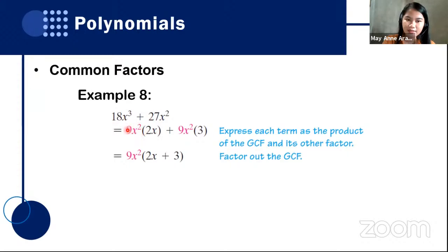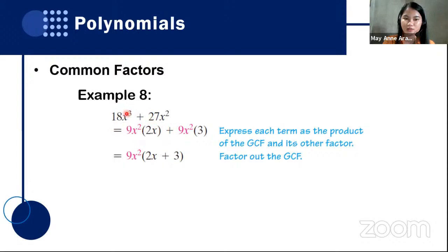Okay, what will happen? So, i-divide nyo lang yung sa common. So, 18 divided by 9 is 2. And, ito namang x cubed, subtract nyo lamang yung exponent. So, what will remain na dun sa inside the parenthesis, you have 2x na lang kasi, di ba, x squared plus 1 is x cubed. So, ganun lang yan.